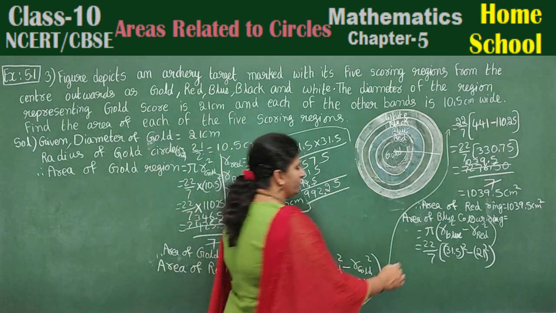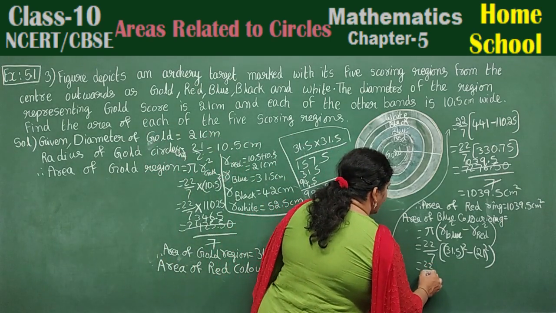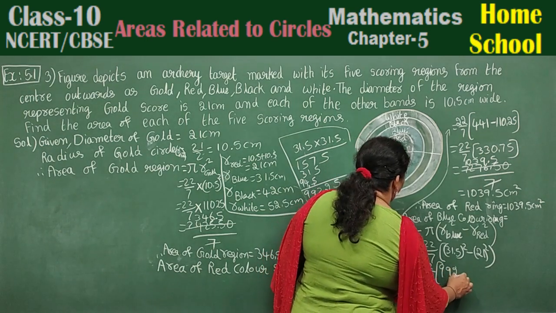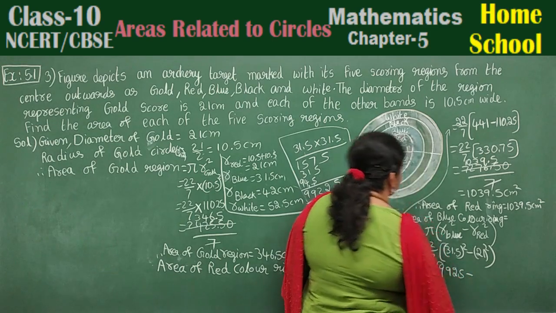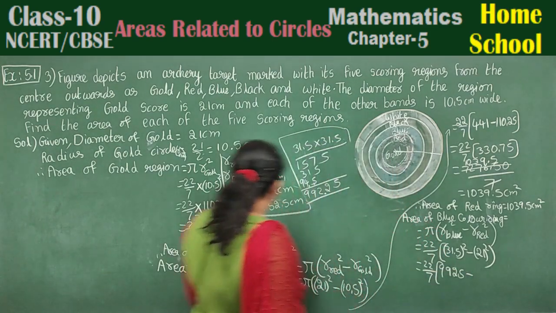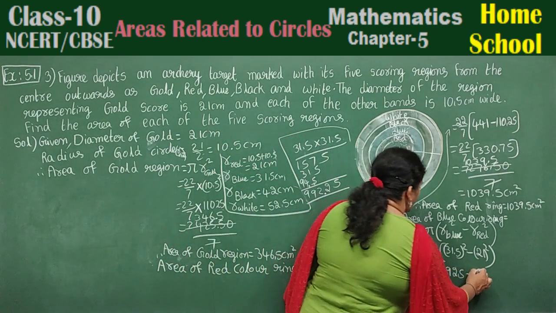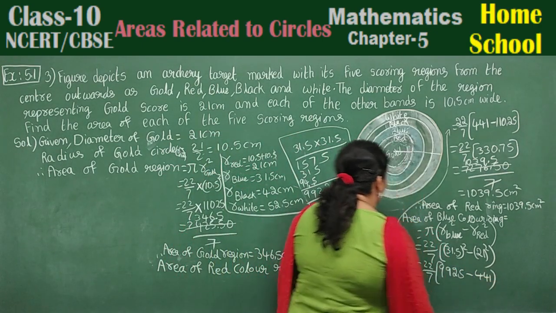992.25. Write it here. 22 by 7 into 992.25 minus 21 square. Already we have calculated, that is 441. Write it here, 441.